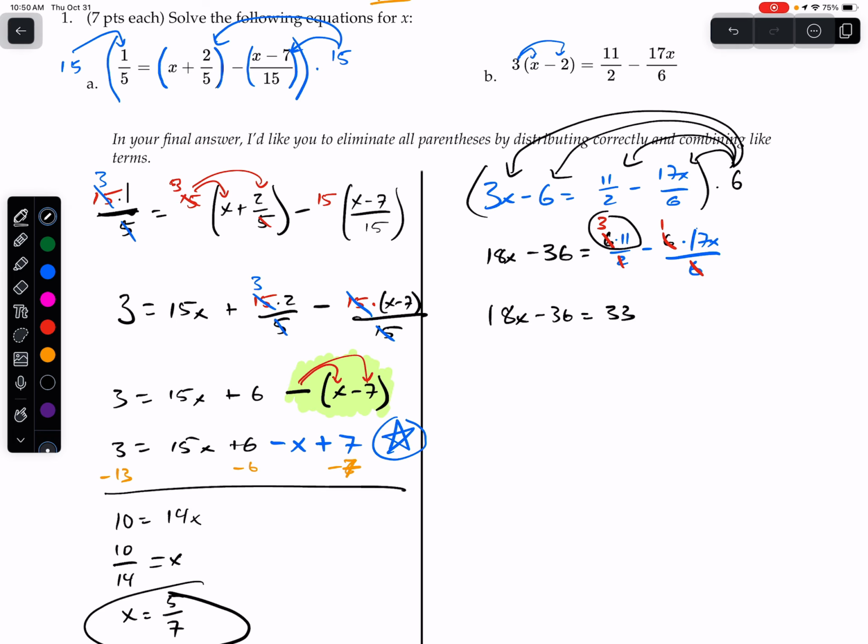That's 3 times 11 minus 17x. So let's add 17x on both sides, and let's add 36 on both sides, and we'll get 35x equals 69, 33 and 36. So x equals 69 over 35.